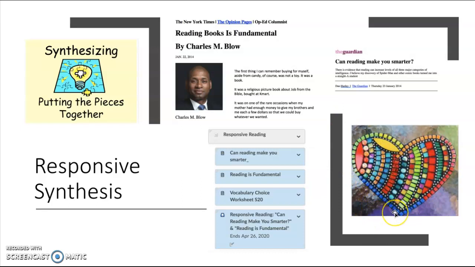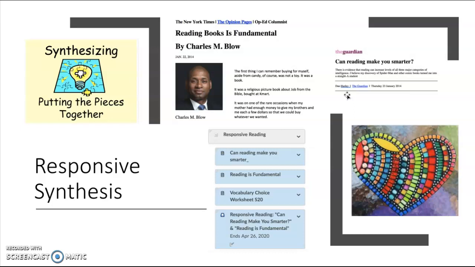And remember that a mosaic takes pieces from other things and makes a new whole, right? And that's a synthesis. You're taking pieces from both of these essays and you're pulling out the ideas that relate to each other. And then you're going to write about those big ideas.